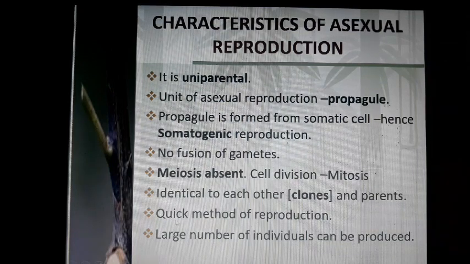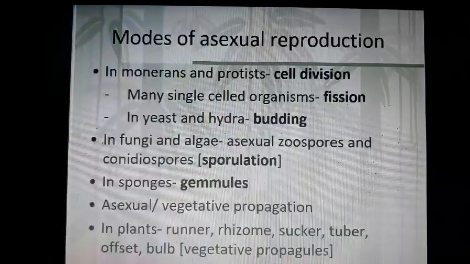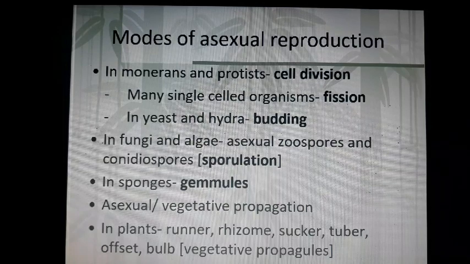Asexual reproduction is a quick method of reproduction, whereas sexual method of reproduction is a relatively slower method of reproduction. Here a large number of individuals can be produced, whereas in sexual reproduction the number of individuals produced are relatively less in number. So this is a quick comparison between sexual and asexual reproduction.